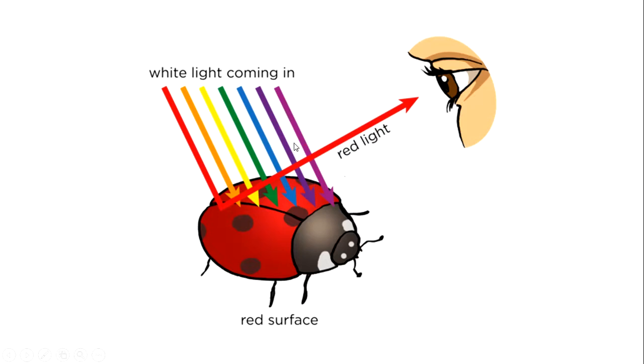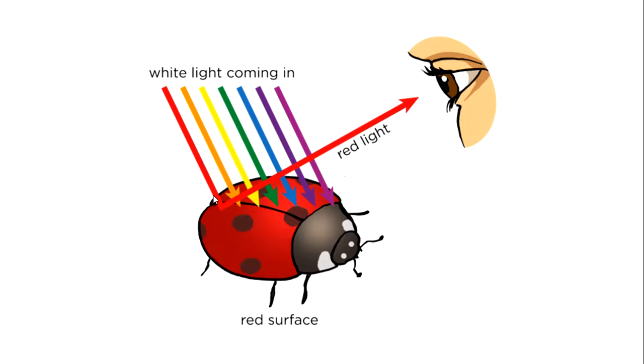We said white light is made up of these 7 colors. All these colors are absorbed apart from the red light, which is scattered, reflected back, and that's why you see that color as red. So all the other colors are absorbed by this opaque object and only one color is reflected back.